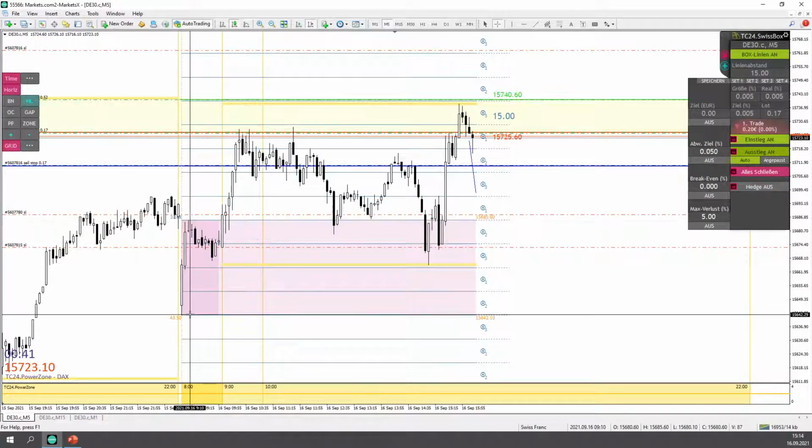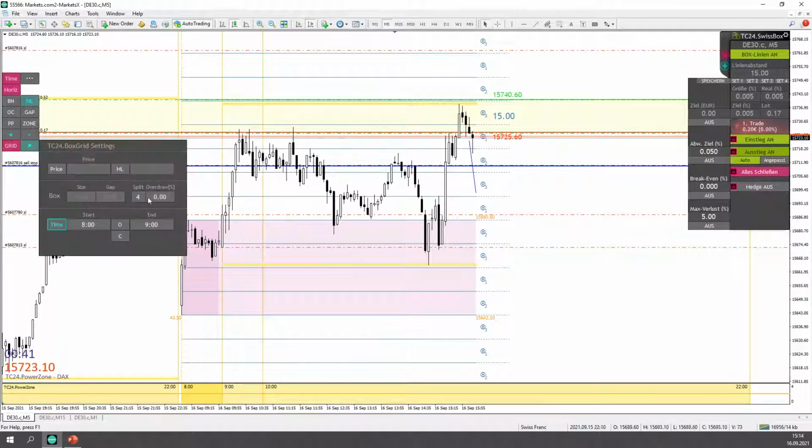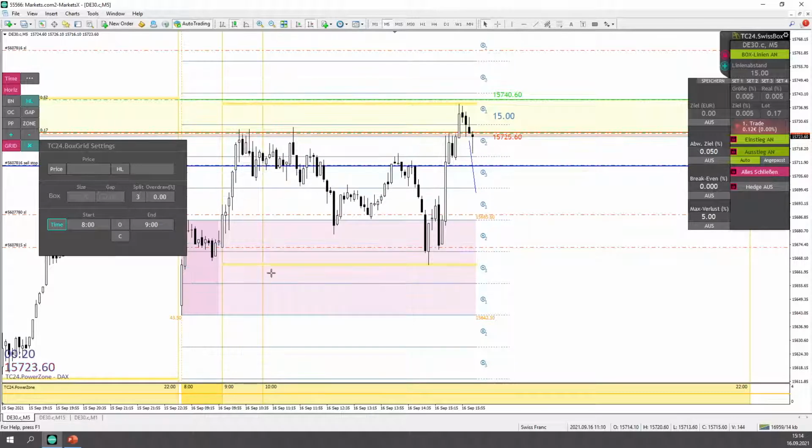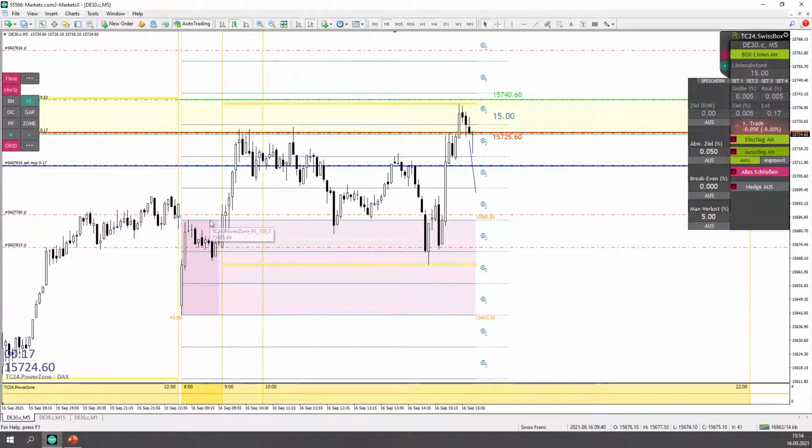It uses the pre-market range, then you make a split, and the boxes are placed based on this pre-market range, which could also be interesting. In the end, it's not of too much importance because we are trading the market opening effect of high volatility and directed volatility. So it doesn't make too much of a difference.